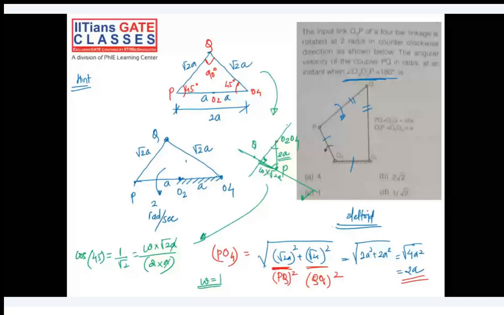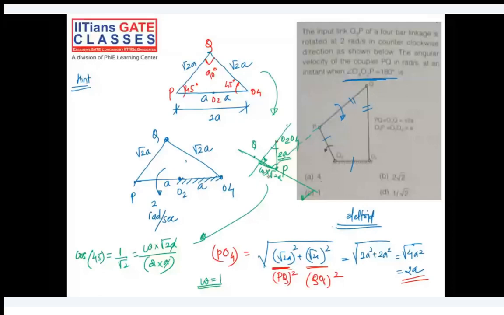What is ICOR? Instantaneous center of rotation of PQ. In this case, generally, how do we do it?